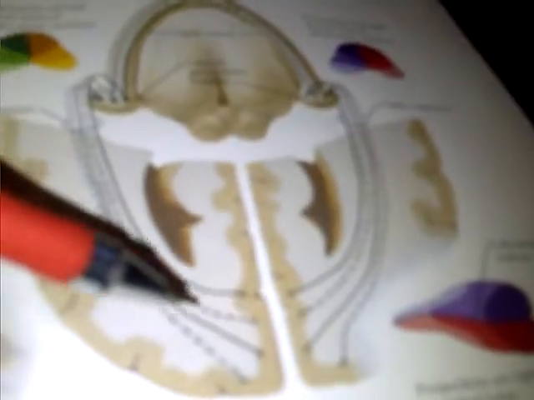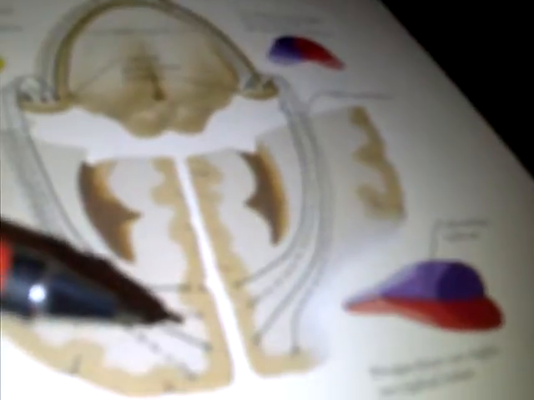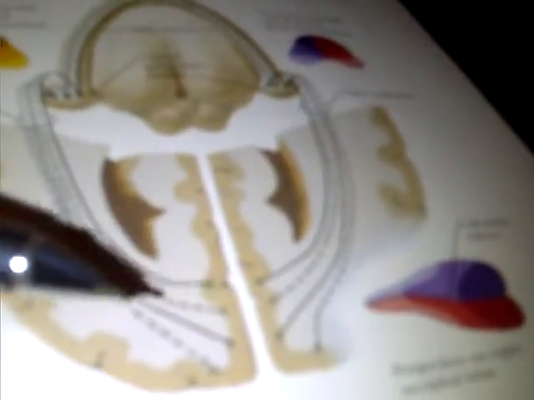cortical center of vision. This is the first strip. So when we finish the optic chiasma, it goes to the lateral geniculate and then continues directly to the cortical center of vision. The cortical center of vision is the calcarine sulcus.